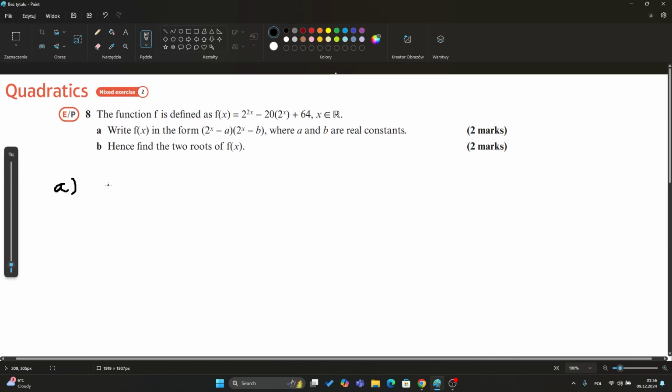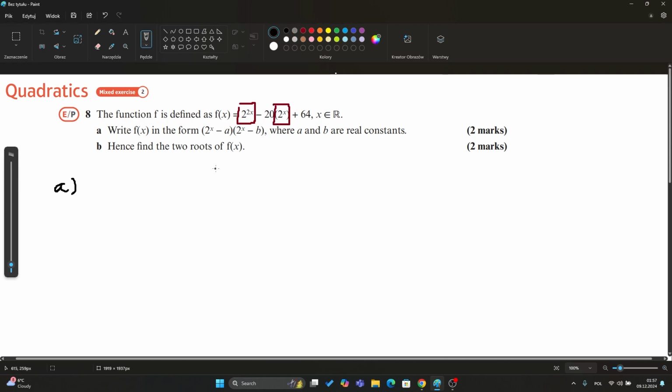Now for question 8, we have the following function f, where x is a set of real numbers, and we have to write f of x in the form of the product, where a and b are real constants. So here we can see that this relates to this.